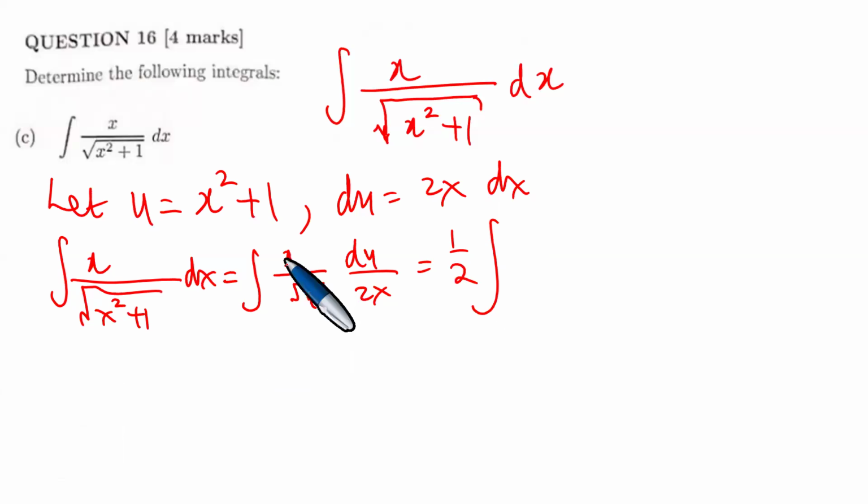The x cancels the x, and we're able to get 1/2, and then you have u to the minus 1/2 du.